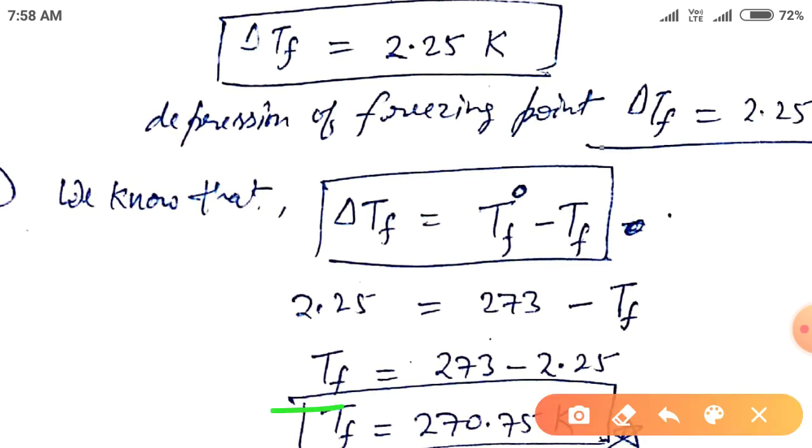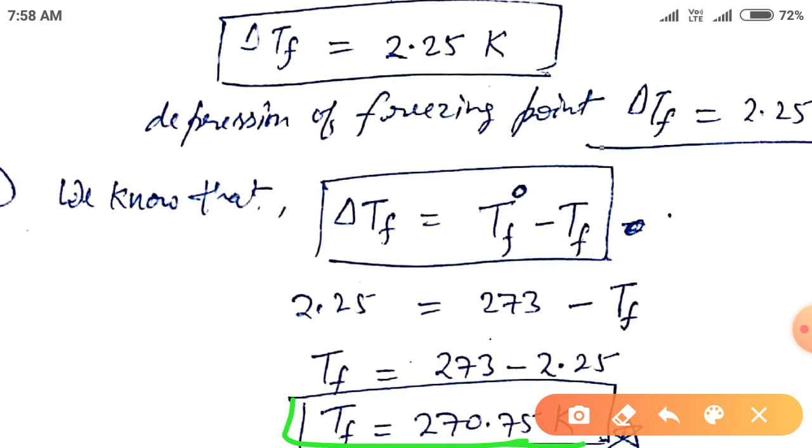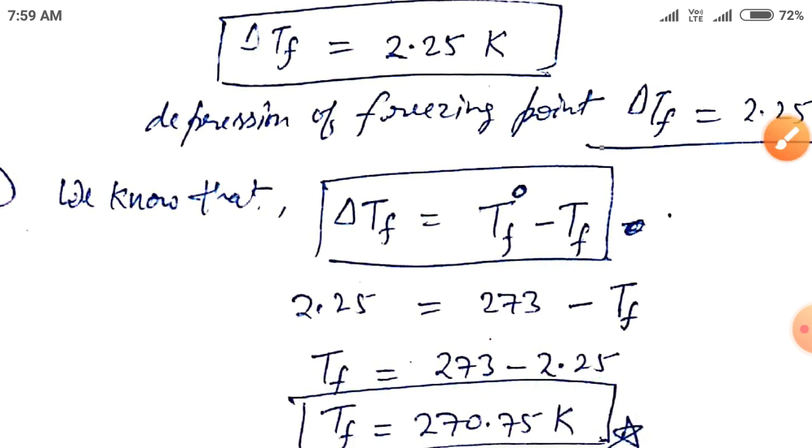So TF equals 273 minus 2.25. After subtracting, we get TF equal to 270.75 Kelvin. This is the answer for the second part, and TF is the freezing point of the solution. Okay, thank you.